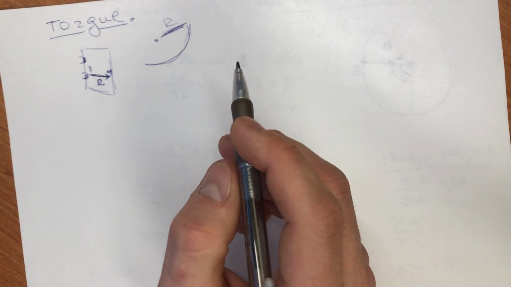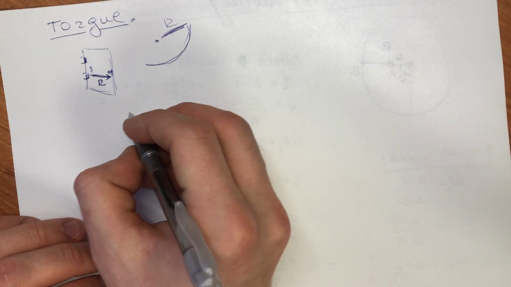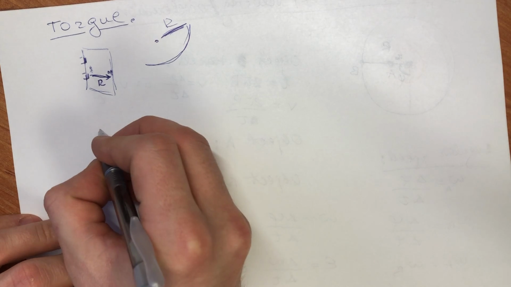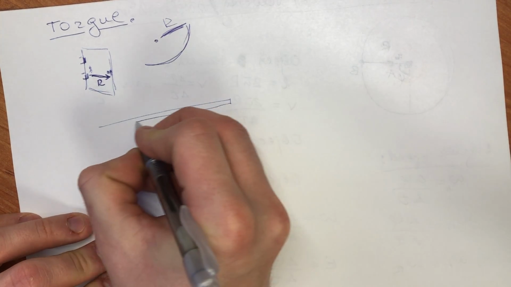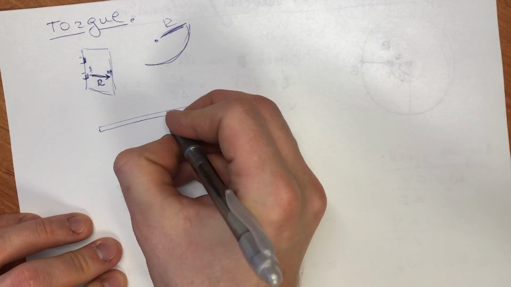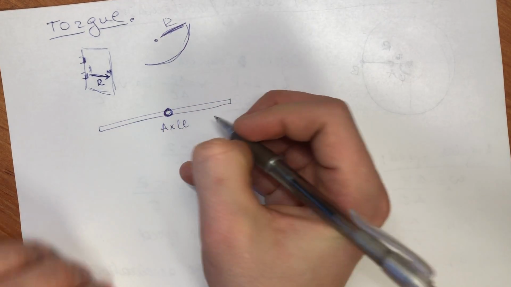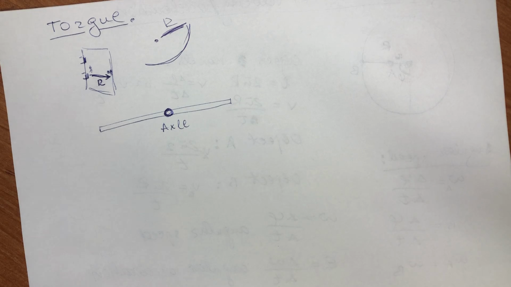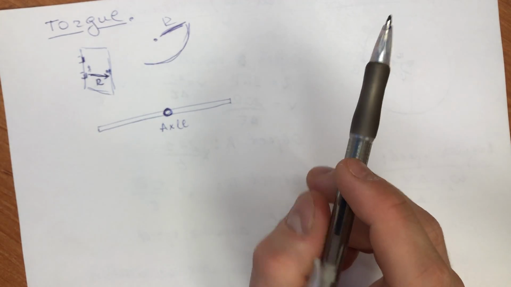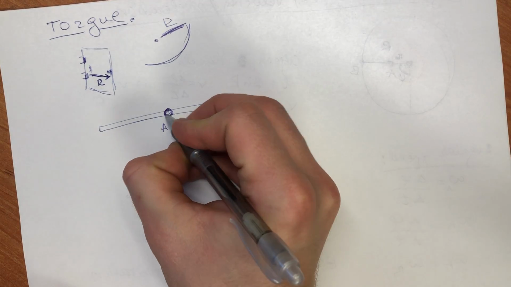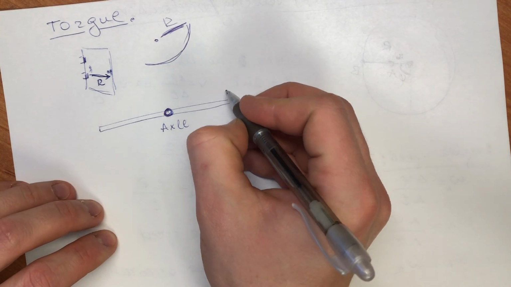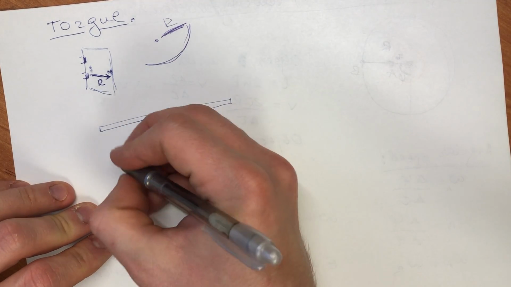Now let's say you have some kind of object like a rod, and here it is an axle. It can rotate around this place, around this axle. It can rotate, move to this side or move to this side. It's rotational motion.